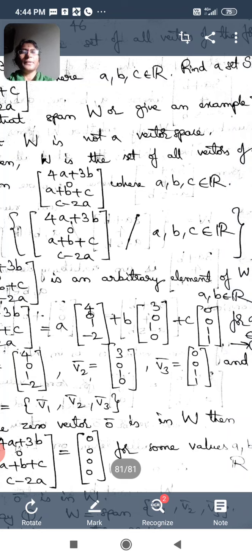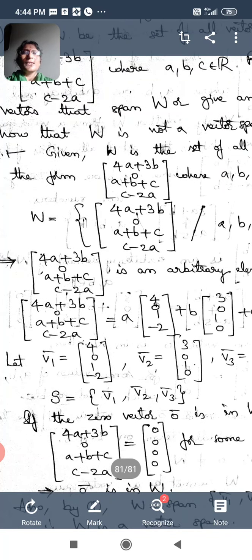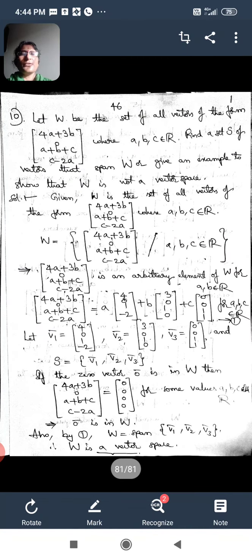All the scalars a, b, c are reals, that means taken from the set R. So by this definition of W, any arbitrary element of W is of the form 4a plus 3b, 0, a plus b plus c, c minus 2a.